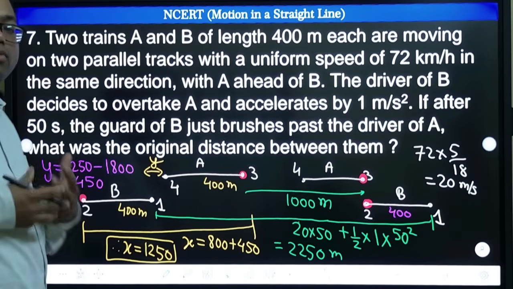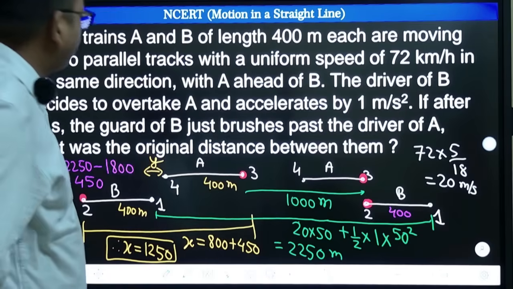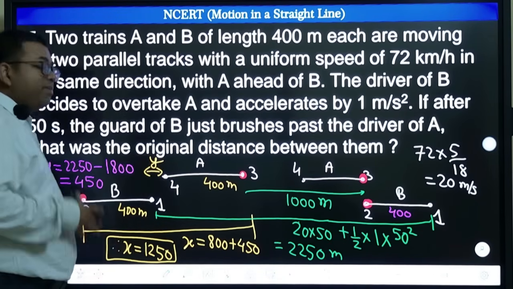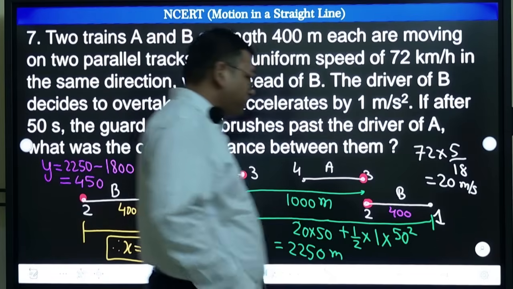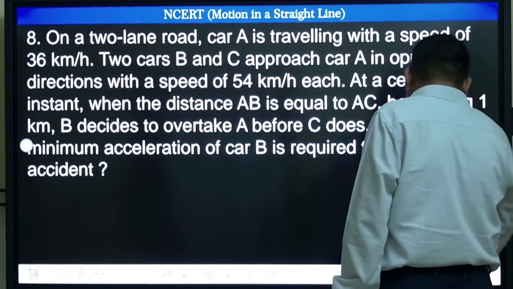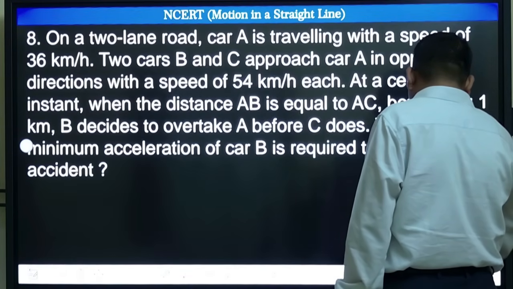Now suppose you want to think by relative motion, how can you think of it? Relative motion can give a better approach. Let us try this with relative motion.